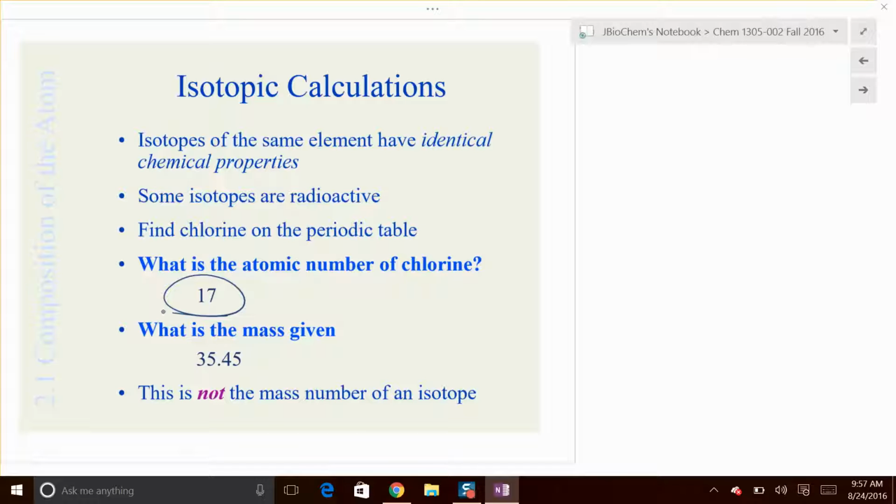Okay, so this is not the mass of an isotope of chlorine. It is the average mass of all chlorine atoms. So if you take a sample of chlorine, so I go in the laboratory and measure out chlorine.